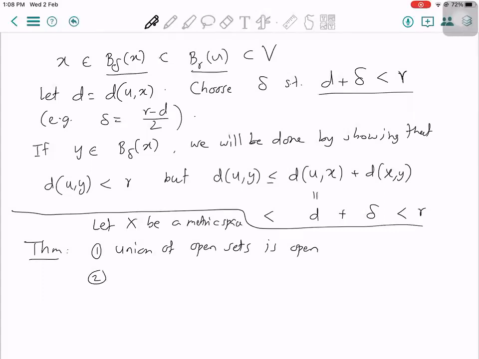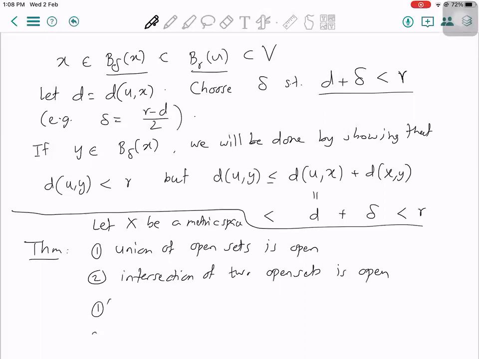One, union of open sets is open. Two, intersection of two open sets is open. And therefore, by induction, intersection of a finite number of open sets is going to be open.